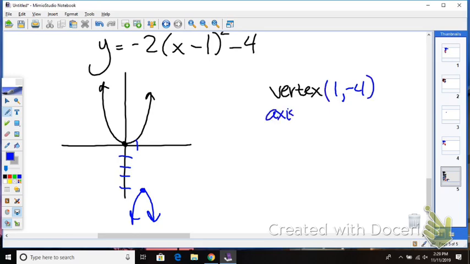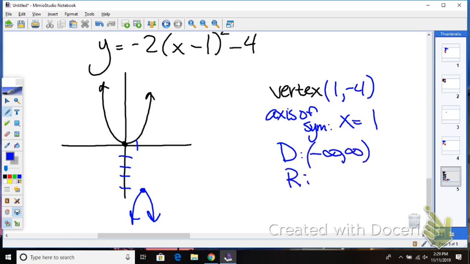The axis of symmetry is x equals what? 1. X equals 1. What's my domain? Negative infinity, positive infinity. Okay, range is different, so I want everybody's attention on range, because this is a different one than what we did.